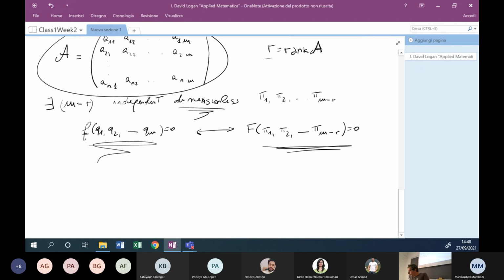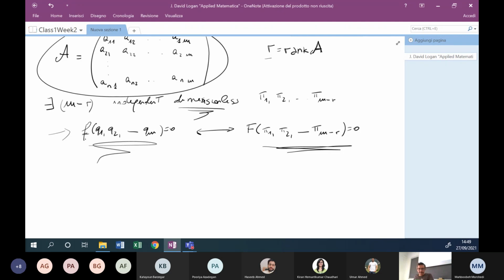So let's prove it. Let's start by proving that I can find the m minus r independent dimensionless parameters, and then I will prove the equivalence between these two equations.